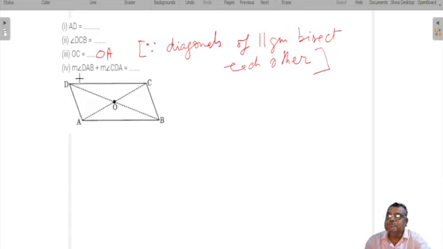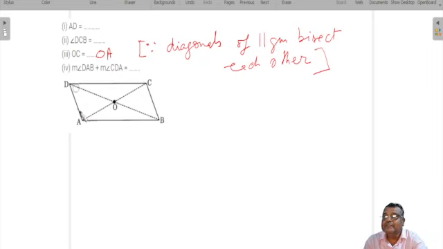Now you see, measure of angle DAB, this one, plus measure of angle CDA, this angle. These two angles DAB and CDA are adjacent angles. And the sum of adjacent angles in a parallelogram is supplementary.